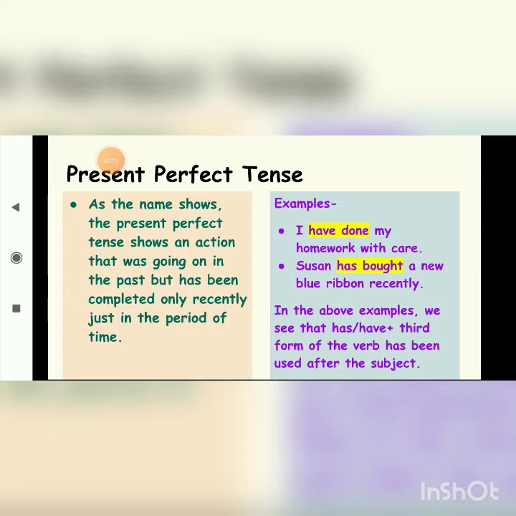When the words I and we come, okay students, we use the word have. So I have done. What is the third form of do? It is done. So I have done my homework with care. This way the sentence will become.